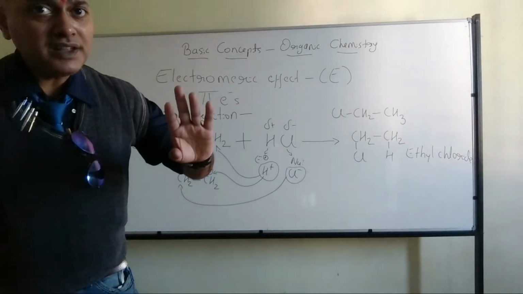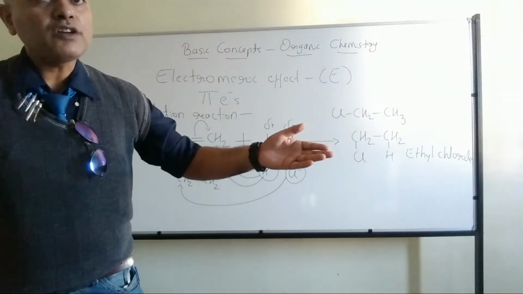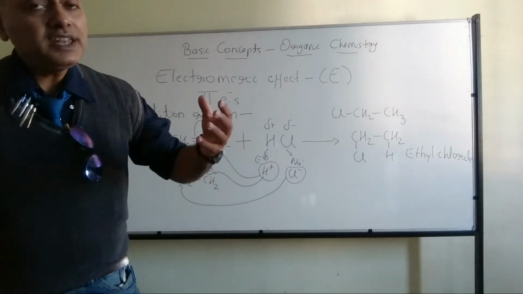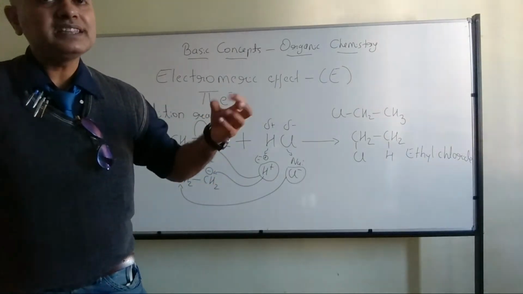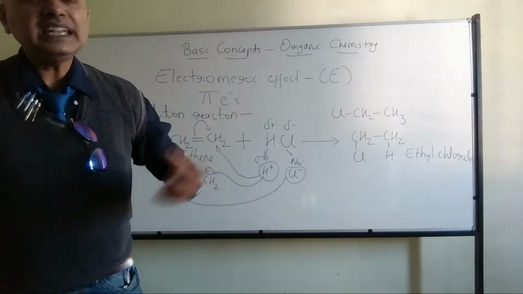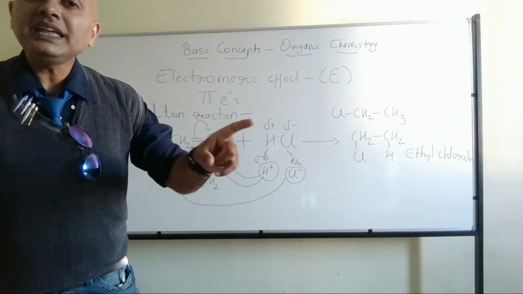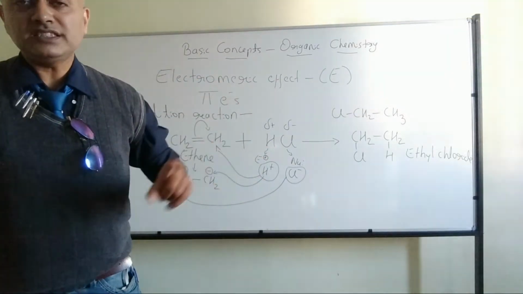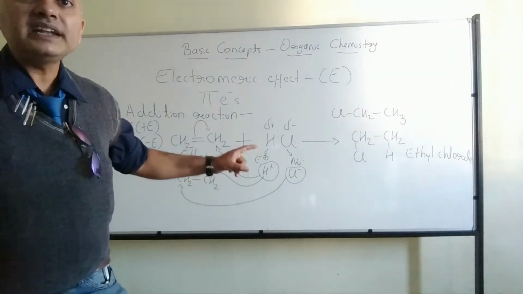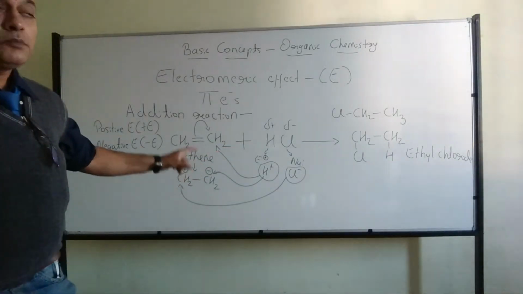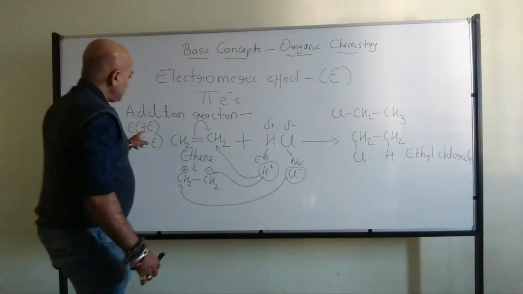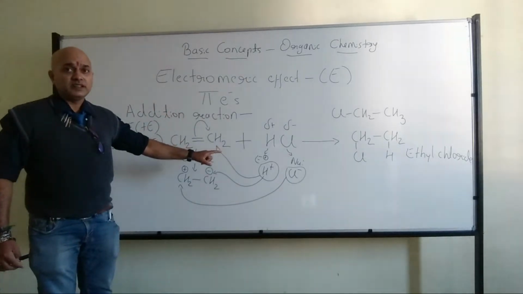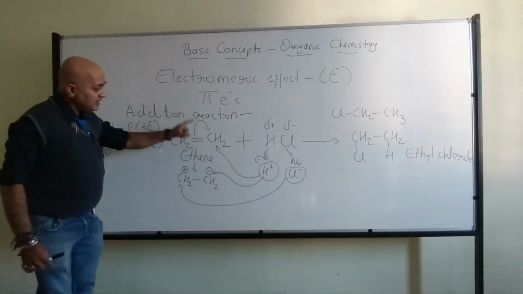Considering the resonance molecule with double bonds, that is how it works. But here it is opposite. Positive electromagnetic effect means where electron will move towards the substituent.